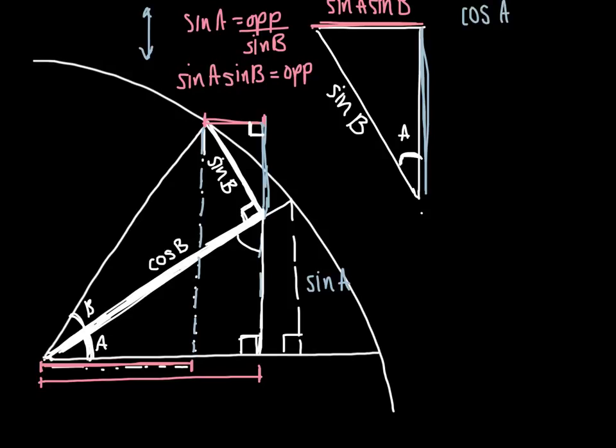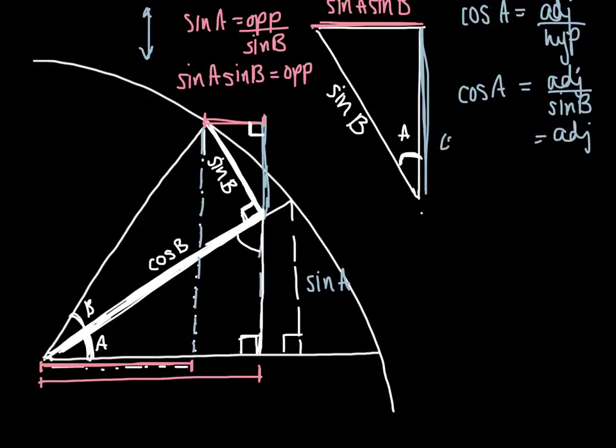So cos A is adjacent over hypotenuse. And I still know my hypotenuse, that's sine B. So the adjacent over sine B is cos A, in which case the adjacent is cos A sine B. Okay, so this little bit here, this is cos A sine B. And this bit here, this is sine A sine B. We're getting somewhere.